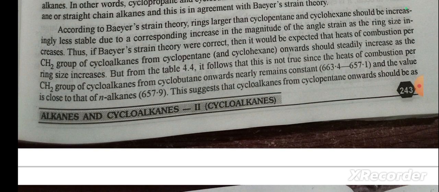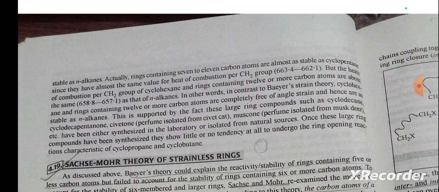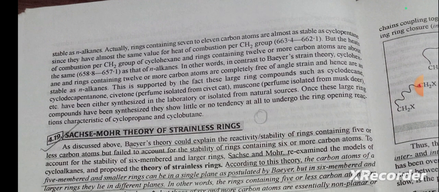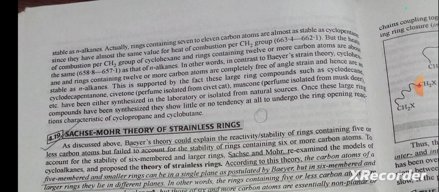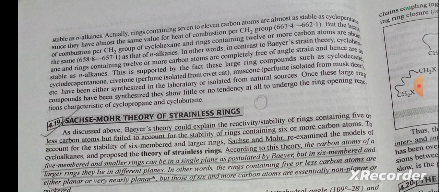This suggests that cycloalkanes from cyclohexane onward should be as stable as an alkane. Actually, rings containing 7 to 11 carbon atoms are almost as stable as cyclohexane since they show almost the same value of heat of combustion per CH2 group, but the heat of combustion per CH2 group of rings containing 12 or more carbon atoms is about the same as that of an alkane.